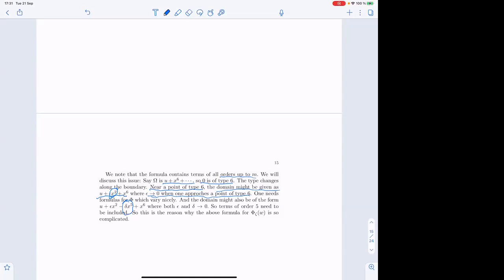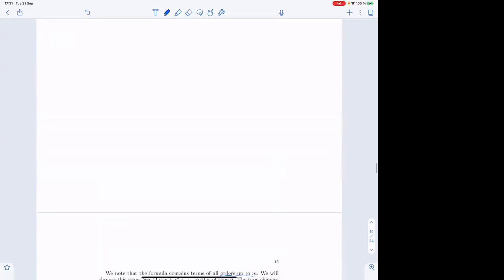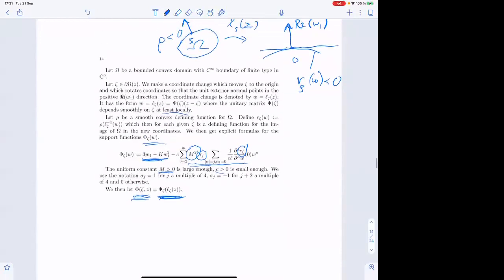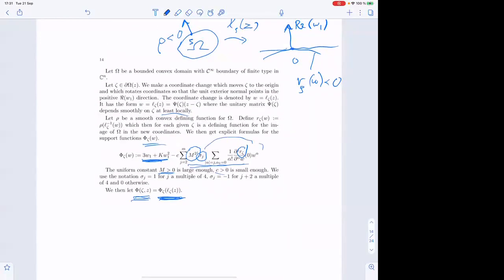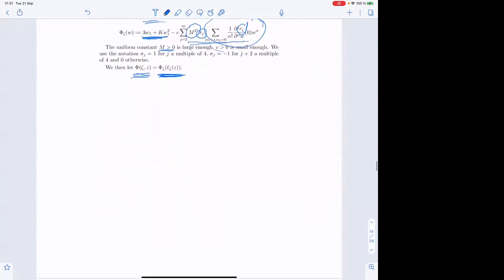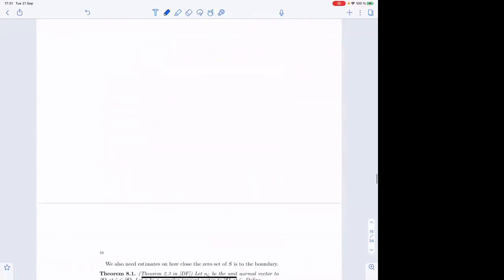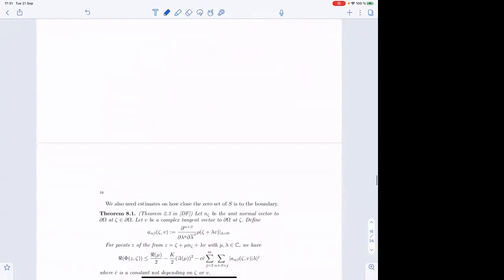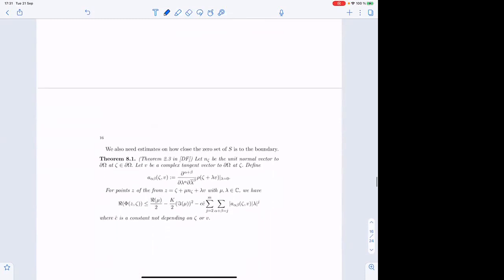So this is just to explain why the above formula is so seemingly unnecessarily complicated. It has all these terms of all degrees included. Okay. And let me see. So this is the statement from this paper then.